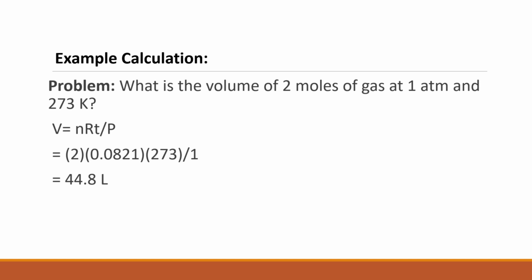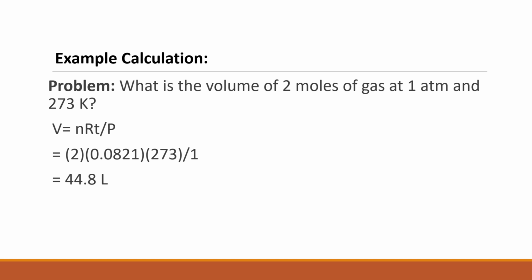We want to solve for V, the volume. We can arrange the equation to get V = nRT over P. This formula will help us calculate the volume when we know the values for n, R, T, and P.